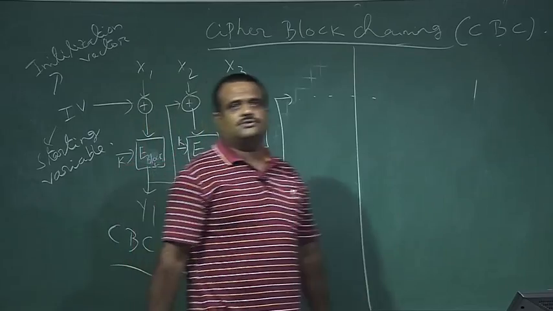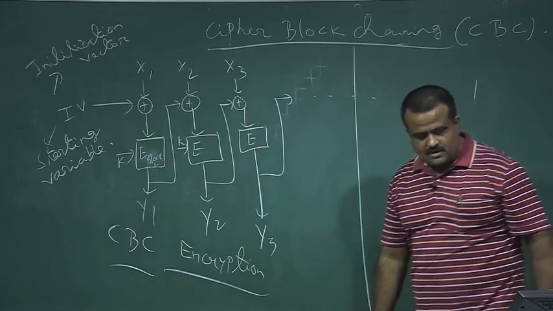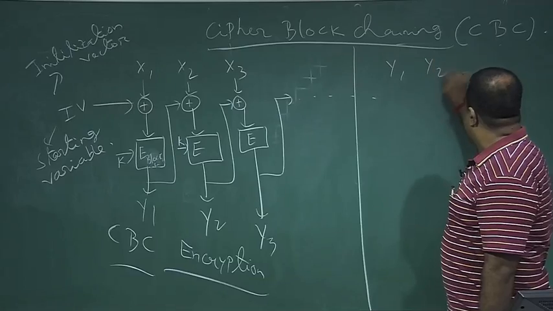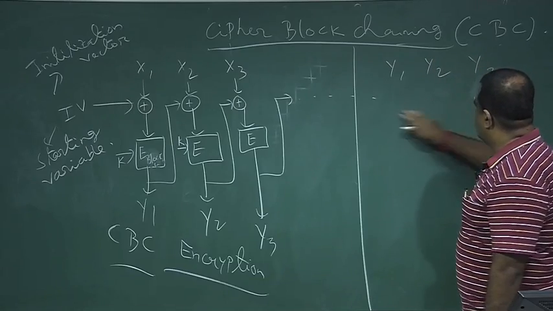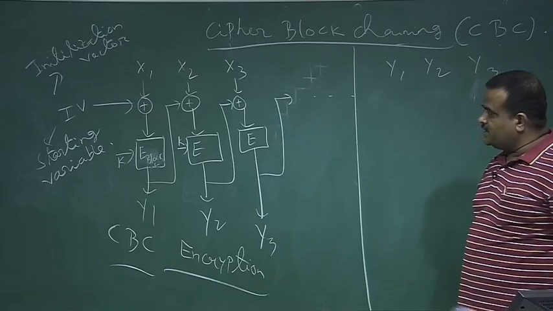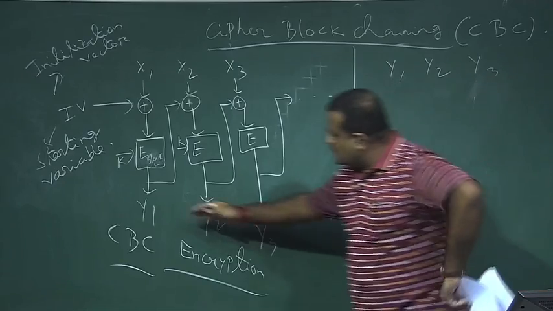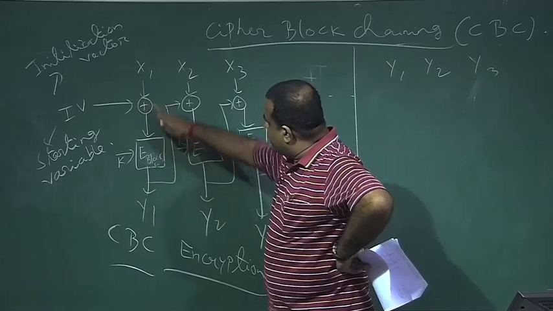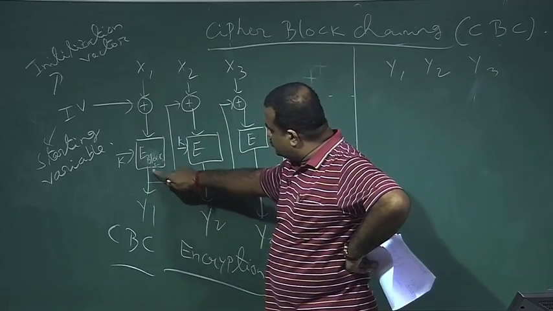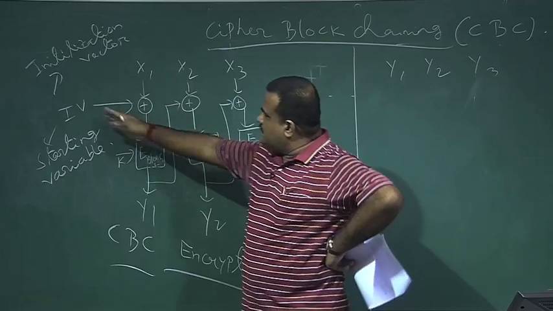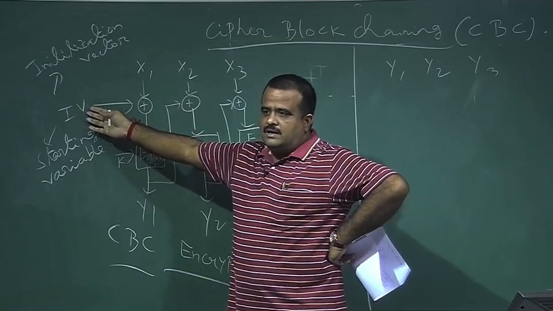Now, Bob also has to get back this message. So, Bob is receiving this Y1, Y2, Y3 like this. So, now the question is how Bob will get back this x1, x2, x3. So, Bob has to reverse this. So, Bob is having Y1, to get back x1, what Bob has to do? Bob has to decrypt it, Bob has to go back here, then Bob has to XOR with this.